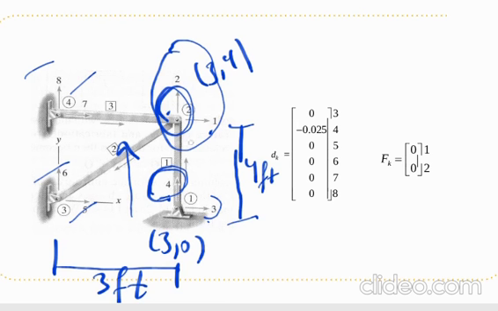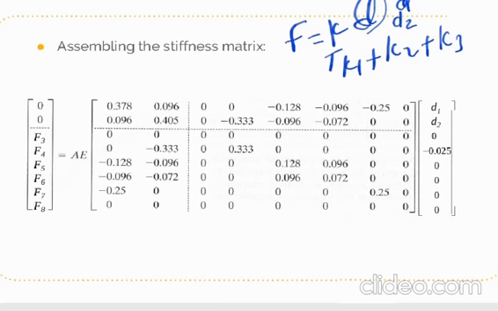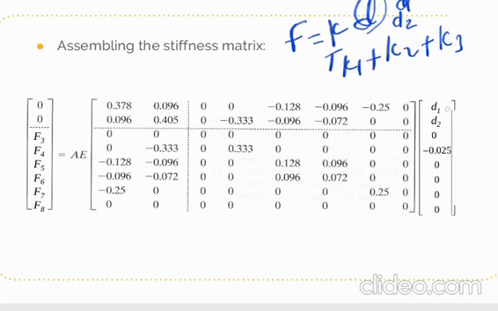As we mentioned, this is 1 and this is 2. So joint number 2 is free, so it can move in the X direction or Y direction. We don't know the values of these two, but we have the force is 0, 0, because we don't have any force applied on joint number 2.